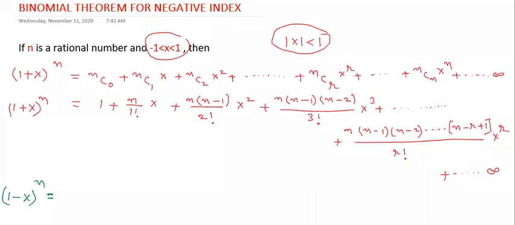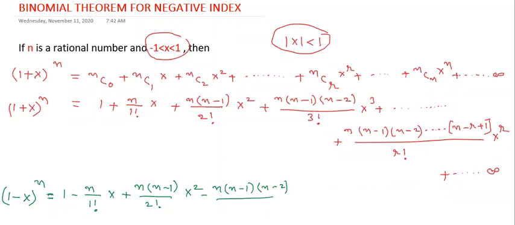So now we get alternating signs: 1 minus n by 1 factorial into x plus n into n minus 1 by 2 factorial into x square minus n into n minus 1 into n minus 2 divided by 3 factorial into x cube plus and so on. The general term, how to write?